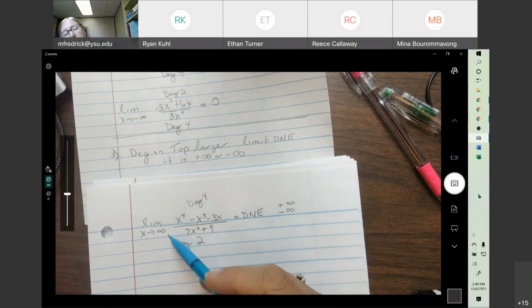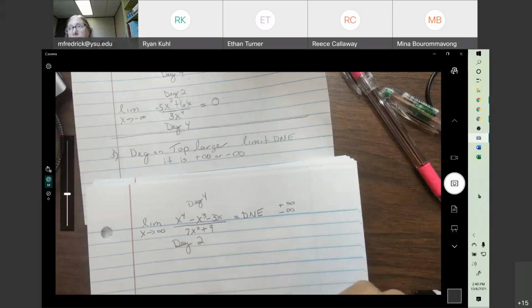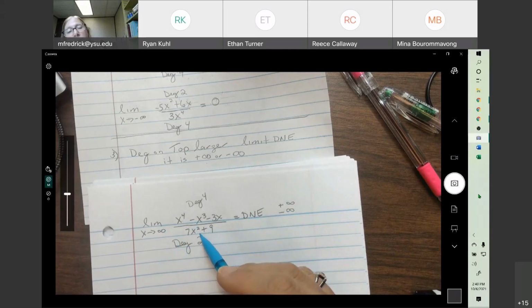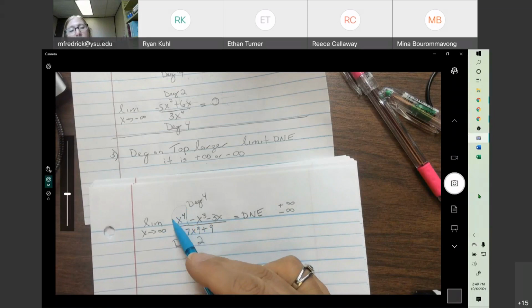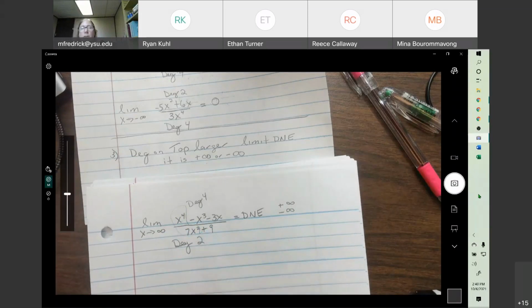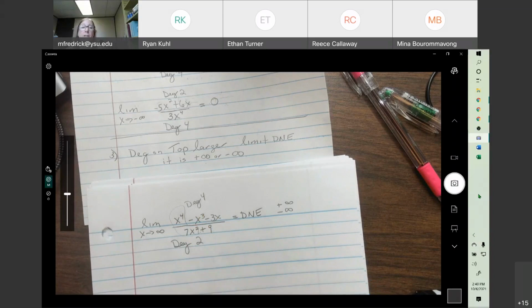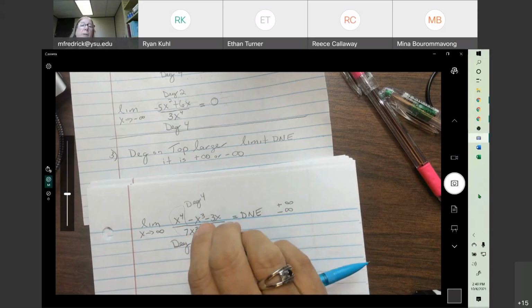Now, one way of checking it, you could graph it and see what happens in the graph. Another way, because this is positive infinity, we can take this and plug in a positive 1. Now, just like we did the leading terms before, you only need to look at the leading terms. You don't want to look at all of them, because then you'd have to put in a huge positive number to get it to work.